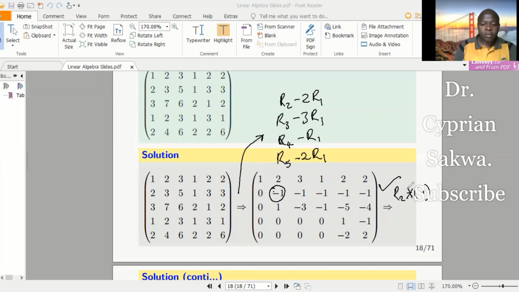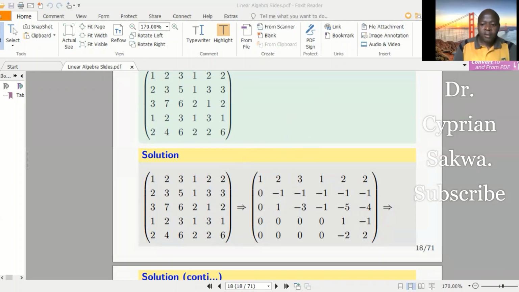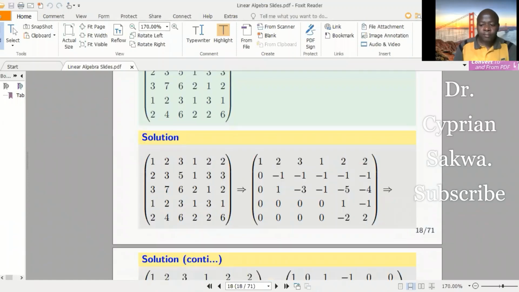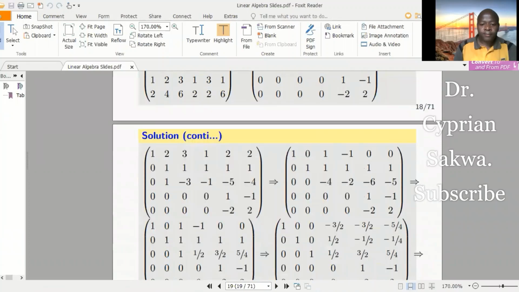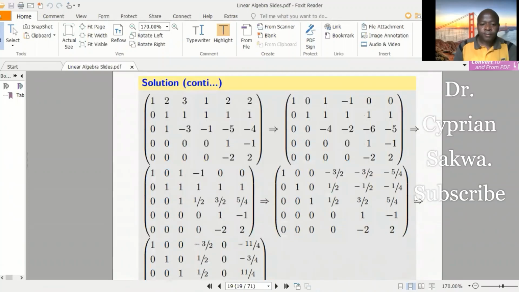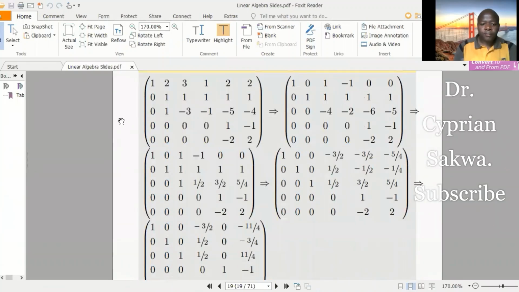And so when that happens, and the other rows are left the way they are, what we get will be this. So you can see now I multiply row 2 by negative 1, and I have this. The other rows, I leave them the way they are.